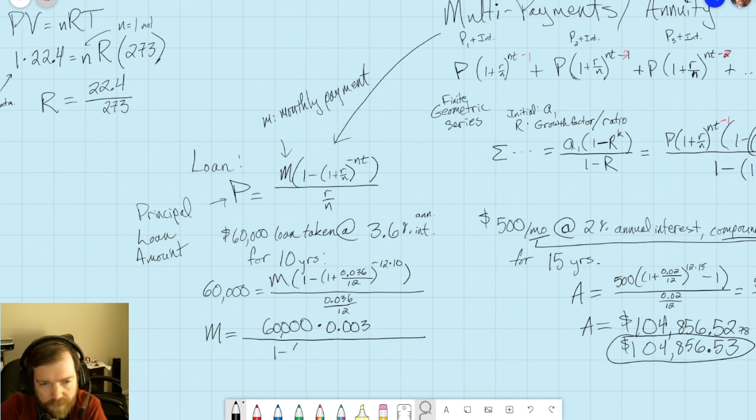So 1 minus parentheses 1 plus, well, 1.003, let's just be realistic about it, to the negative 120th power.